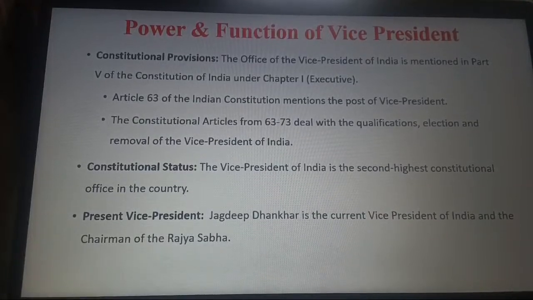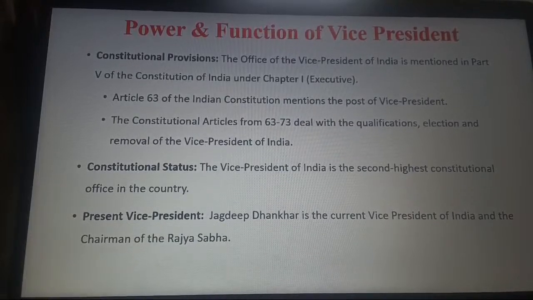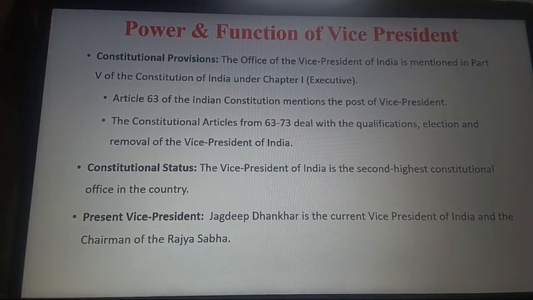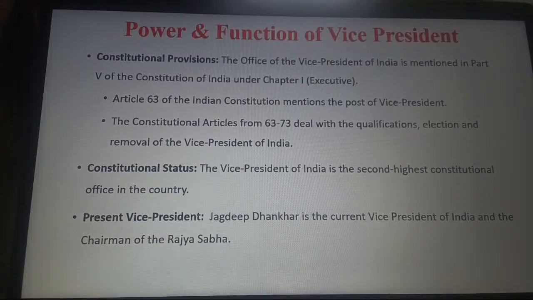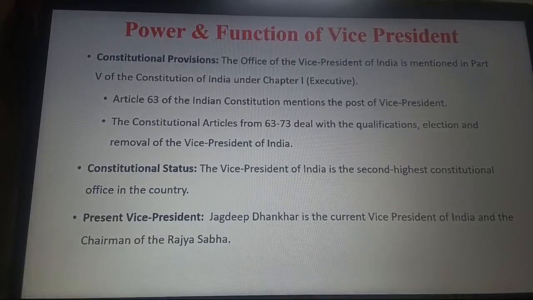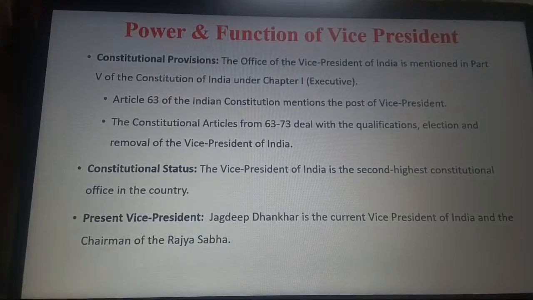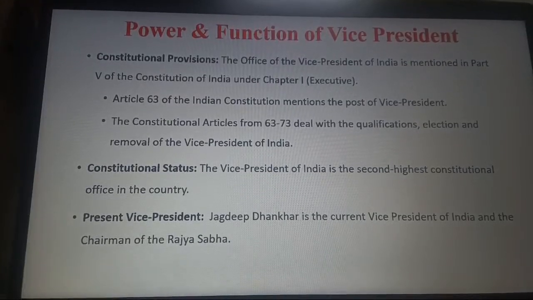Power and function of the Vice President. Constitutional provisions: the office of the Vice President of India is mentioned in Part 5 of the Constitution of India under Chapter 1, Executive. Article 63 mentions the post of Vice President.